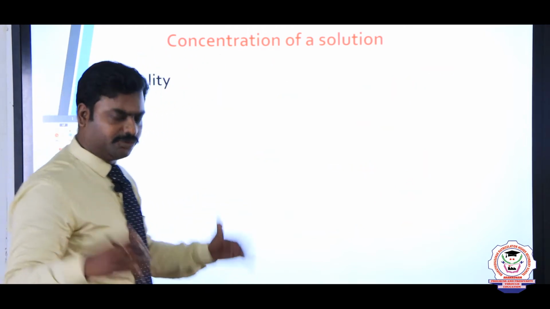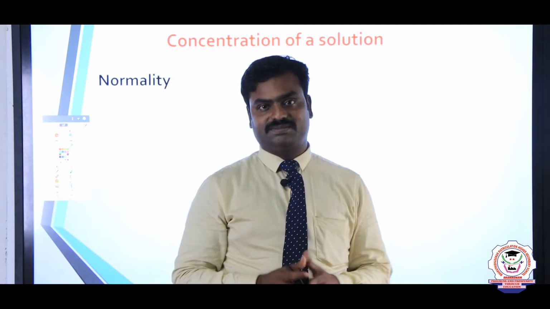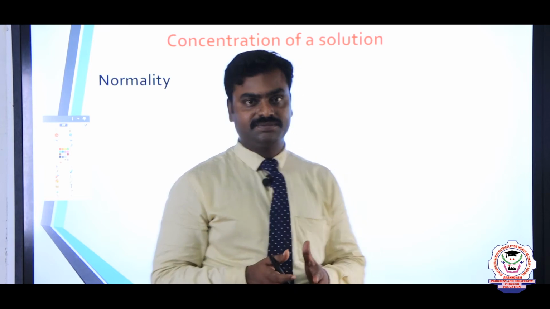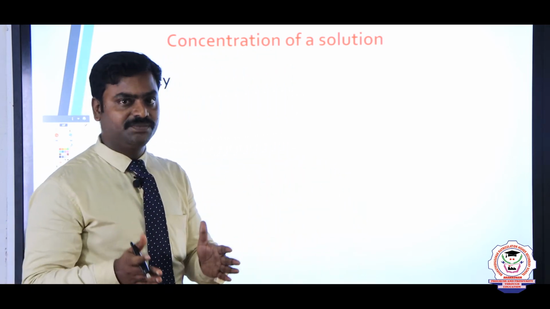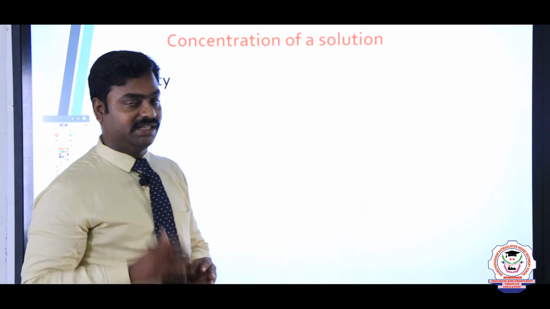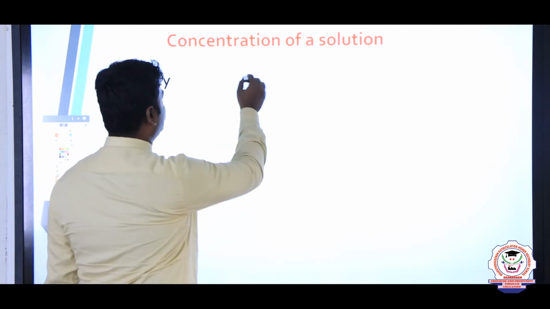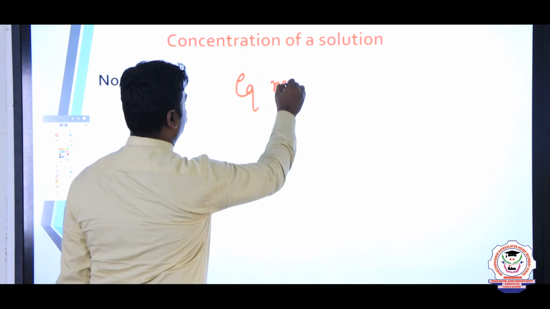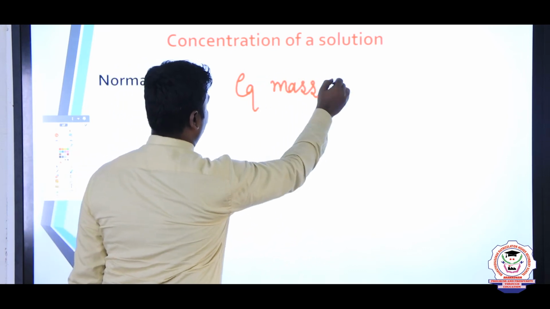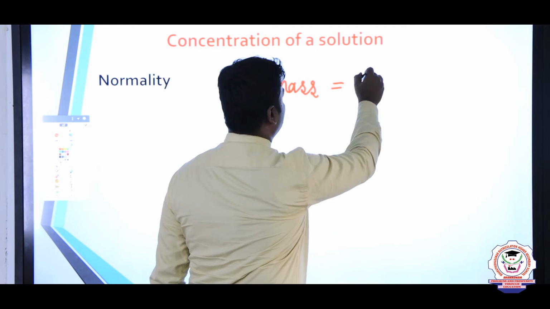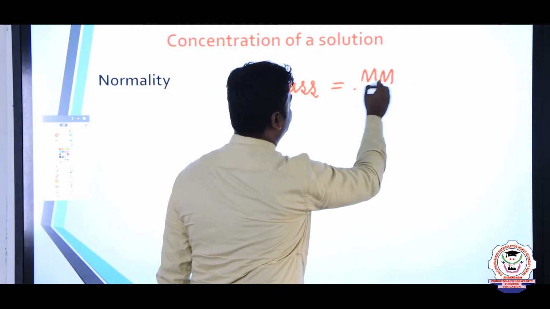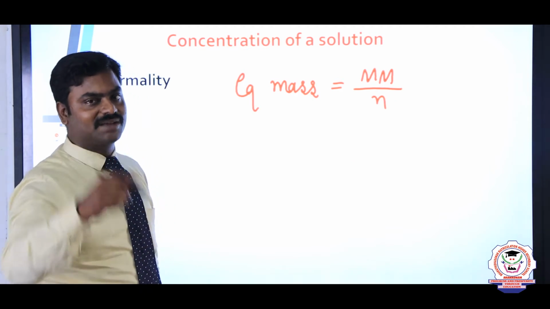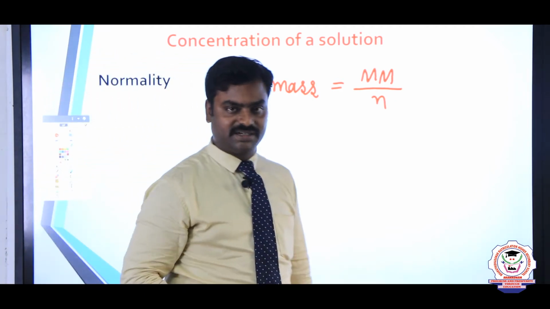Once you have found the n factor, we can find the equivalent mass. Equivalent mass is equal to molar mass by n factor. Now, how do we derive normality? What is the definition of normality?